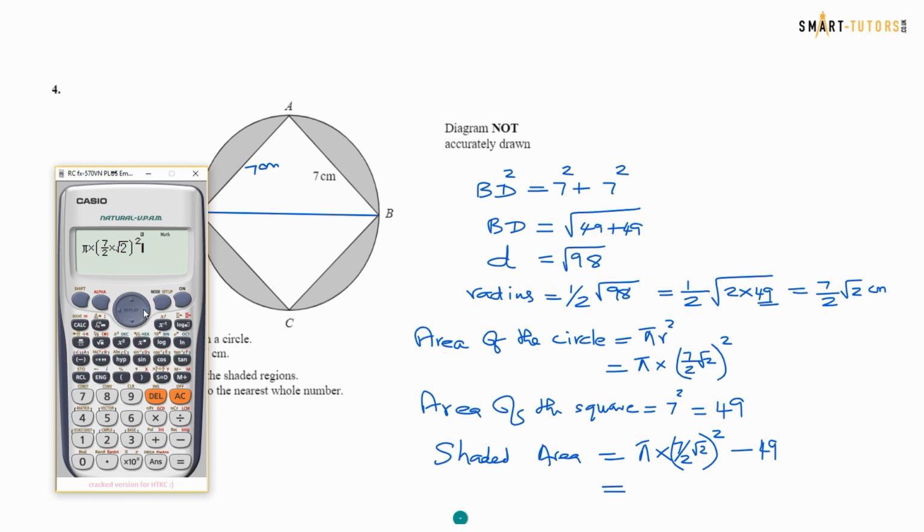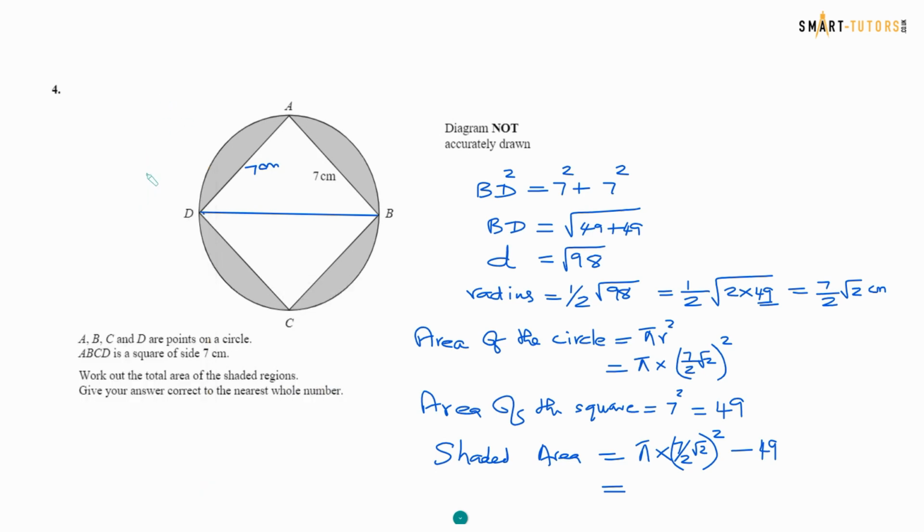Then I'm coming out and minus 49. In one go I press every single thing, and that is 27.96, and to the nearest whole number you can put 28. So 28 centimeters squared.